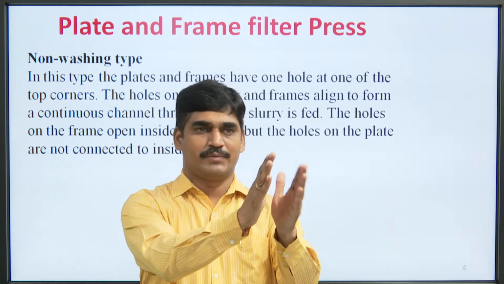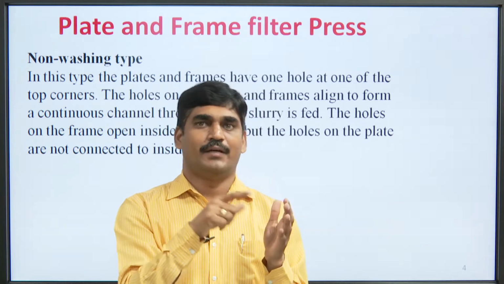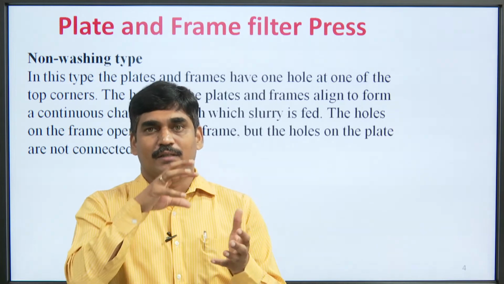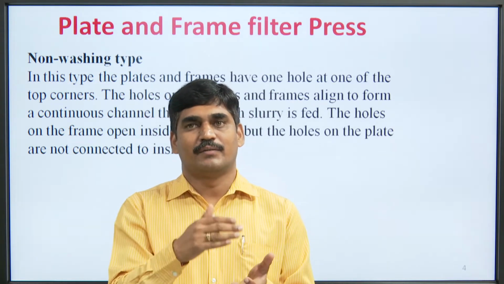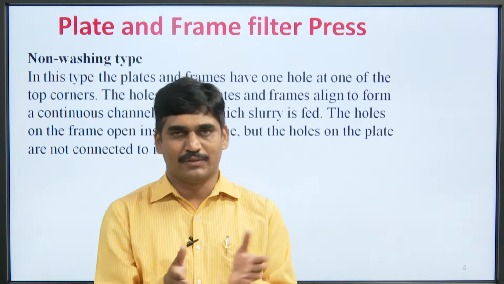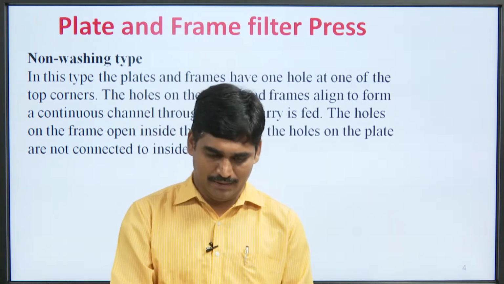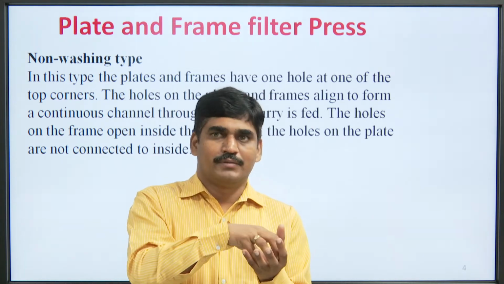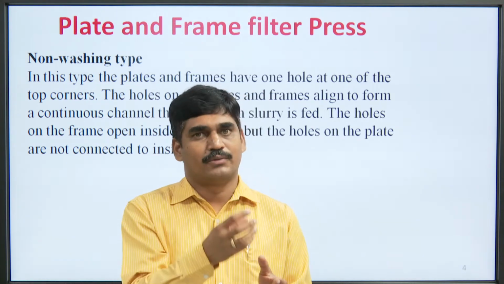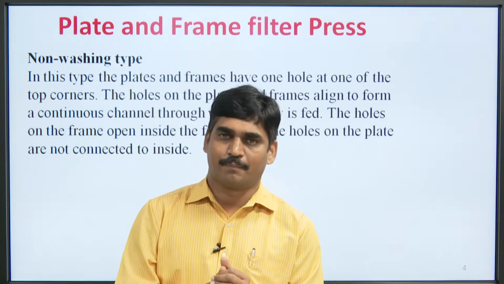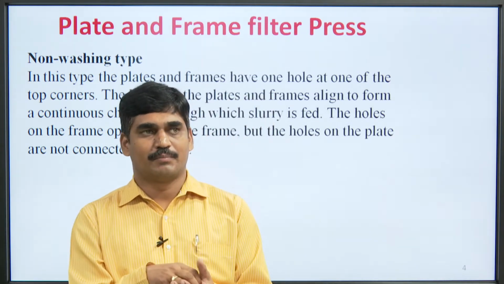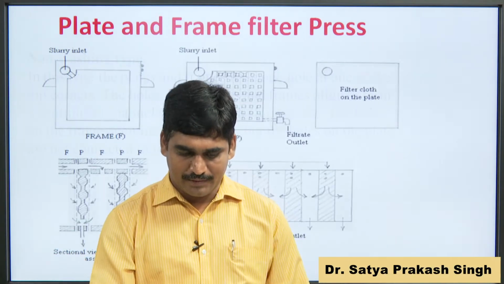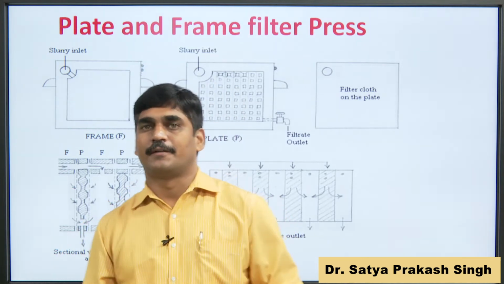That means on the same side corner both plate and frame have holes of same size. The holes in the plates and frames are aligned to form a continuous channel through which the slurry is fed. The holes on the frame open inside the frame, but the holes on the plate are not connected to the inside. We will see the diagram in the next slide, then it will be much clearer.